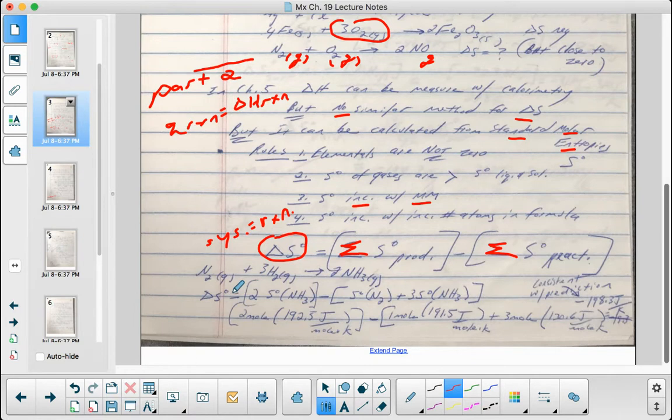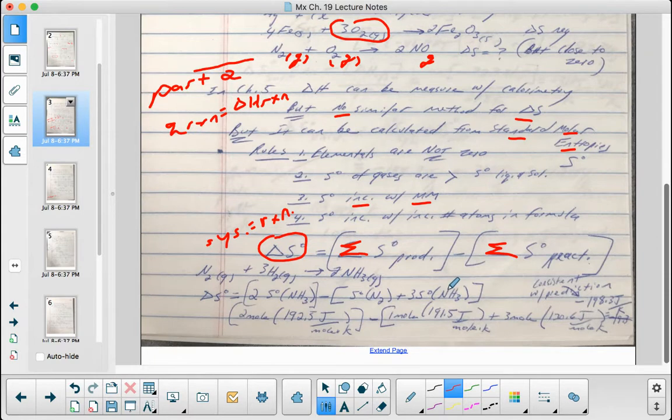So if the reaction that we're looking at is the synthesis of ammonia, nitrogen and hydrogen combined to form ammonia, then I would just use 2 times the value for ammonia from the table minus 2 times the value for nitrogen plus 3 times the value for hydrogen.